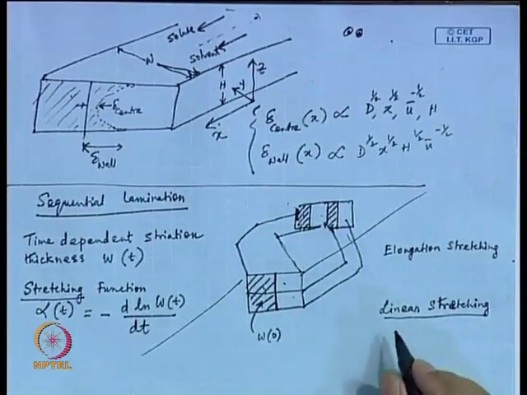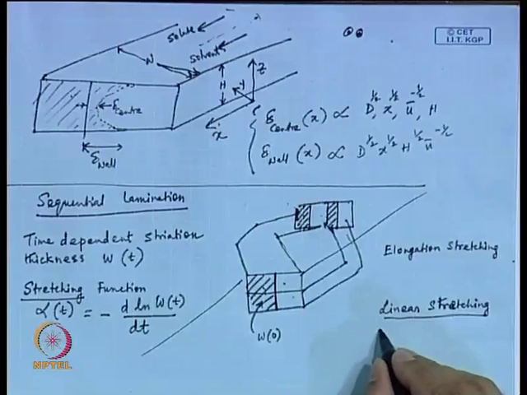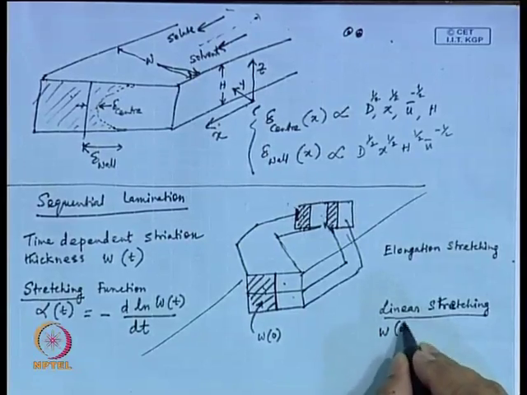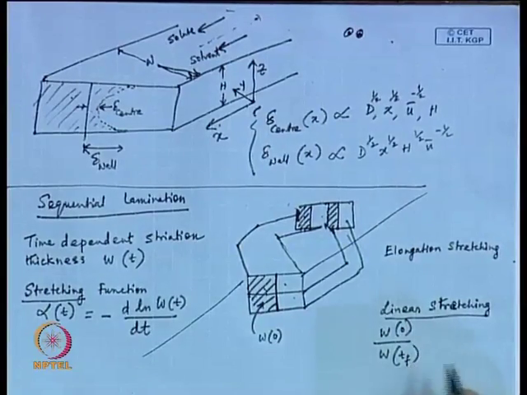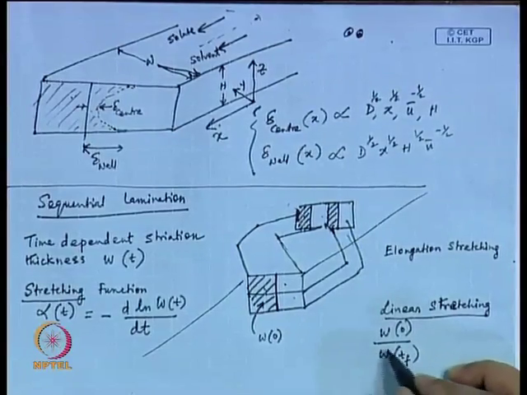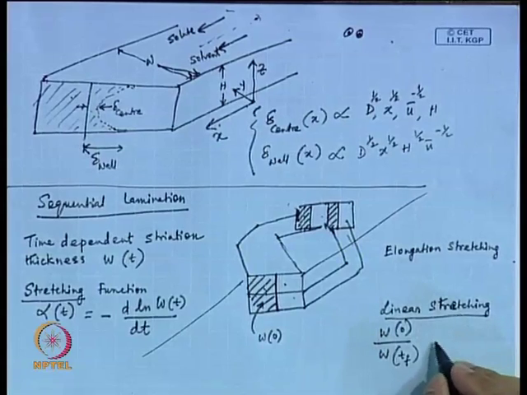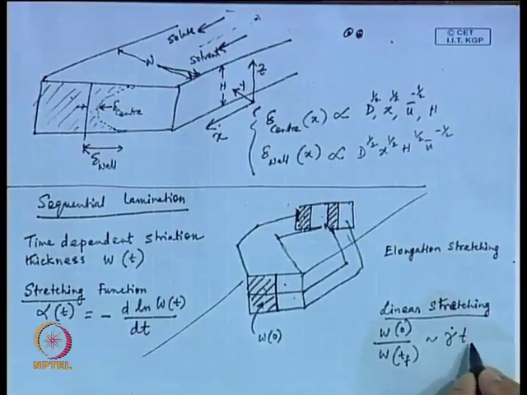Why is it called linear stretching? Because I can write W 0 by W T f, where T f is some finite or final time. At the end of the event, the striation thickness is W T f, and at the start it is W 0. This is close to gamma dot T f.